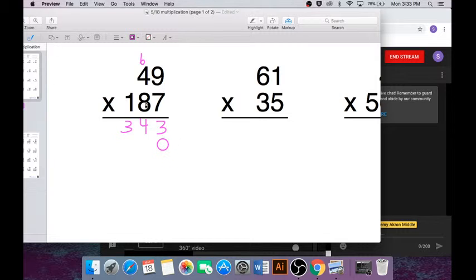We have 8 times 9. 8 times 9 is 72, so we put down the 2, we carry the 7. Now we have 8 times 4. 8 times 4 is 32, plus the 7 that we carried is 39.